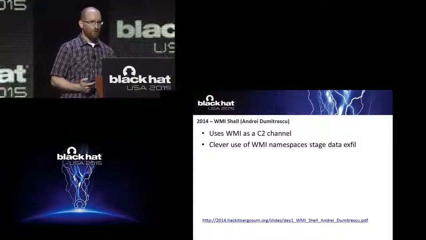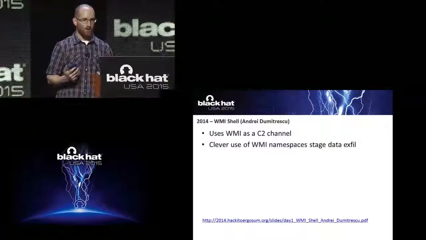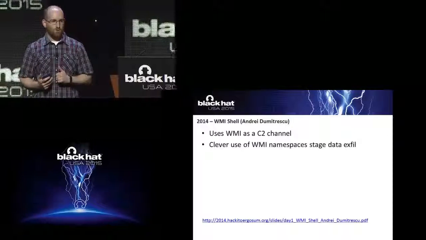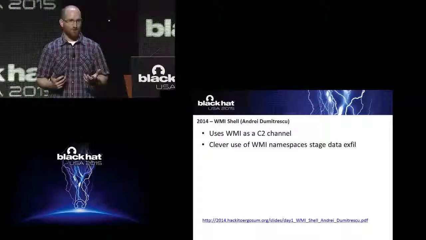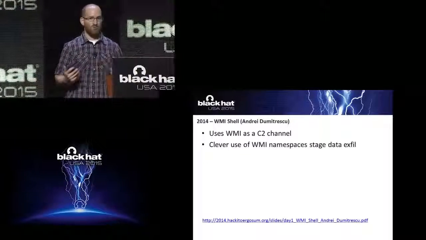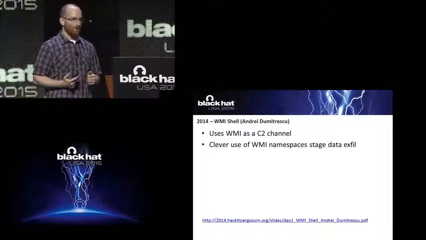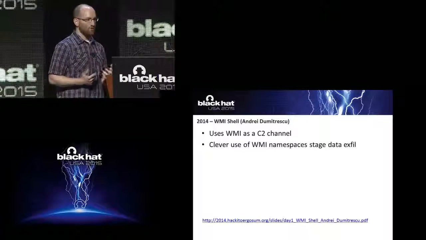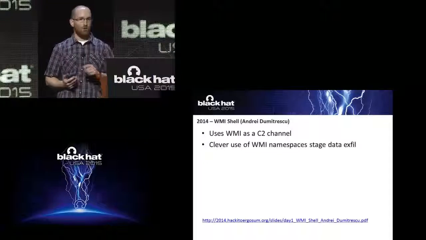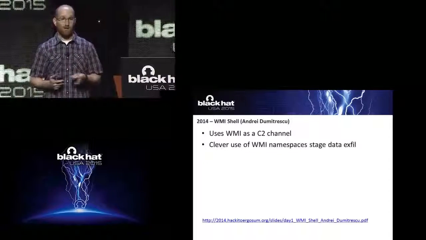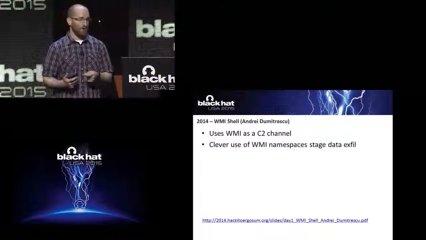All right, released not too long ago was a really cool tool called WMI Shell. This was the first case where I saw WMI used as a pure C2 channel. The mechanism by which it did this was it created WMI namespaces dynamically or modified them.